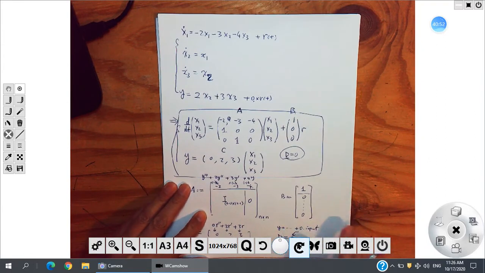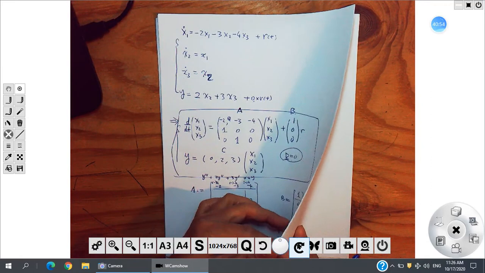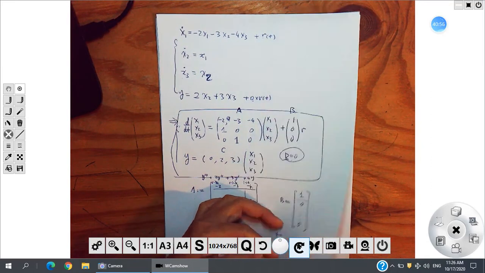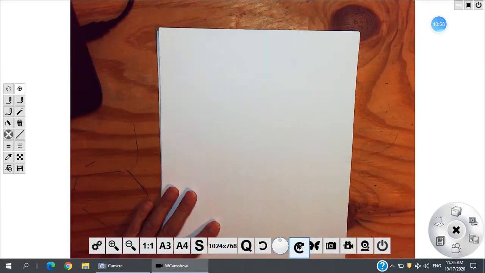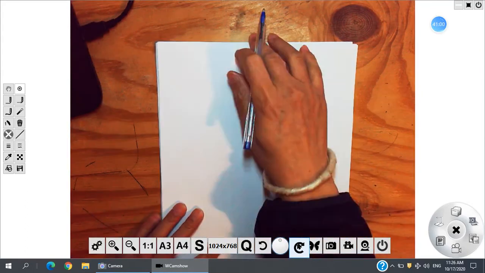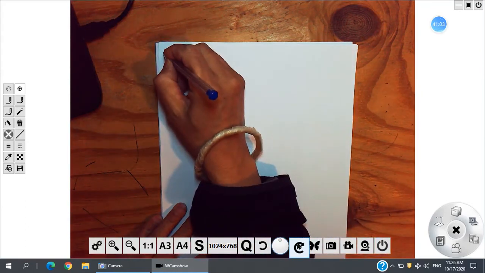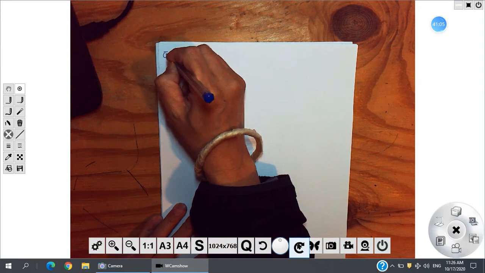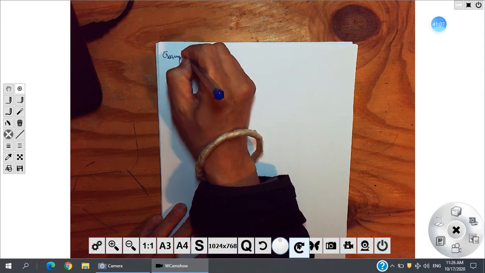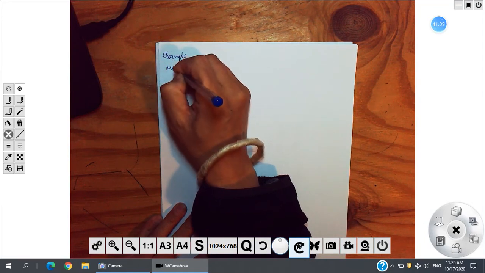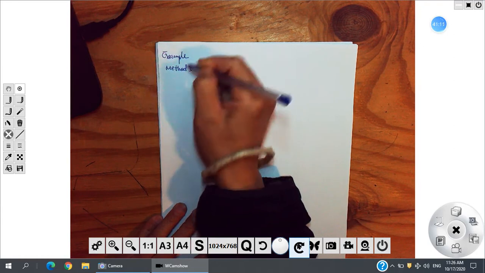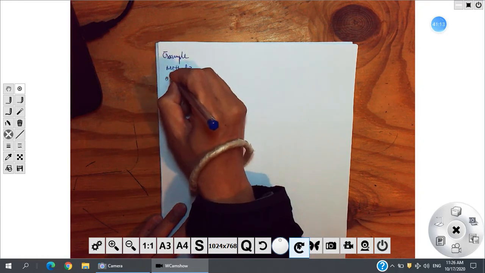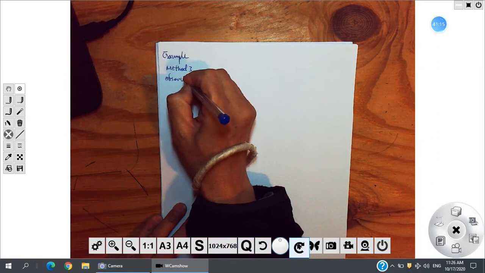And we have a different way to have the matrix form. Another one we call observer canonical form. So I still use this example, but with method 3, which will give us observer canonical form.